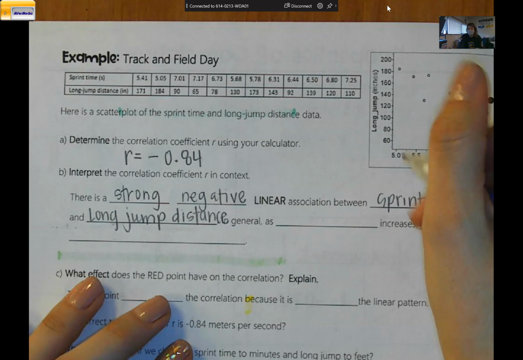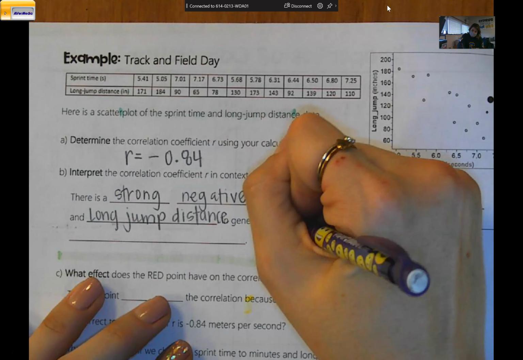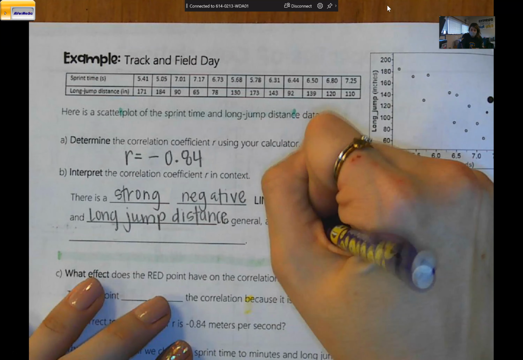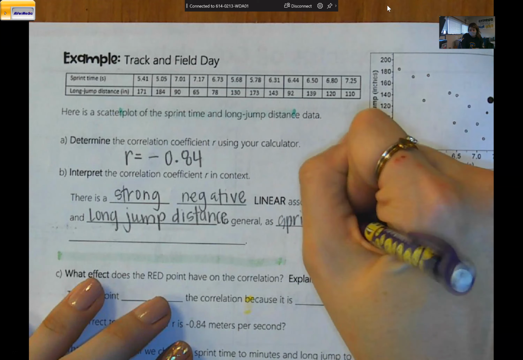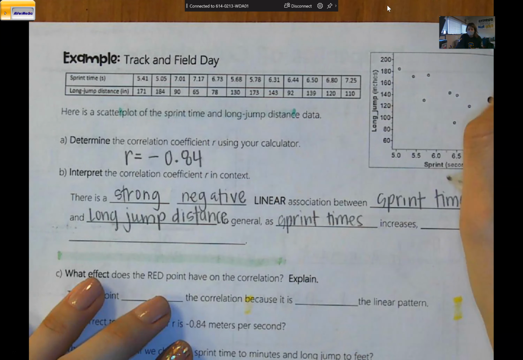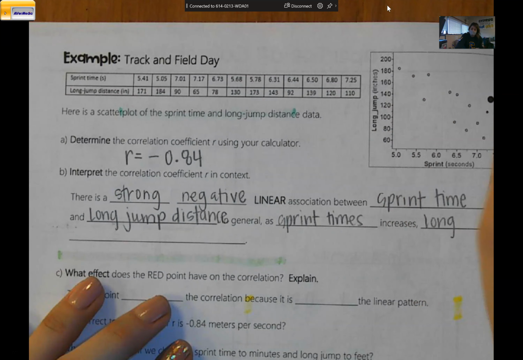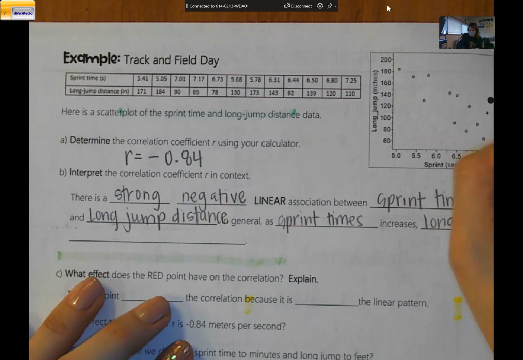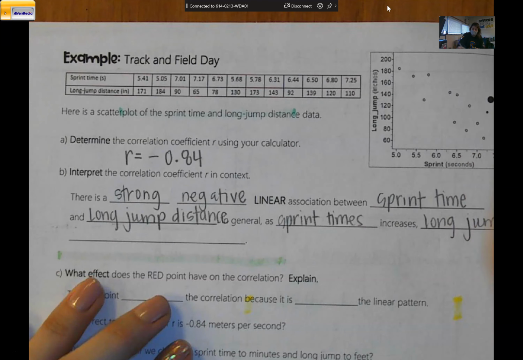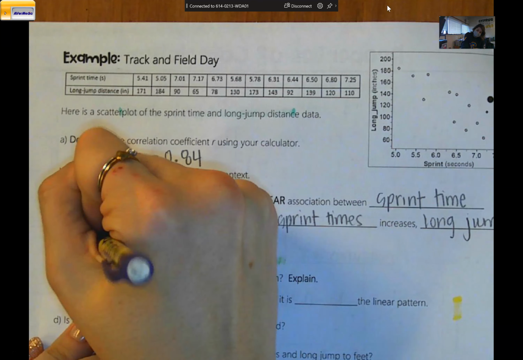In general, as sprint time increases, long jump distance also increases.